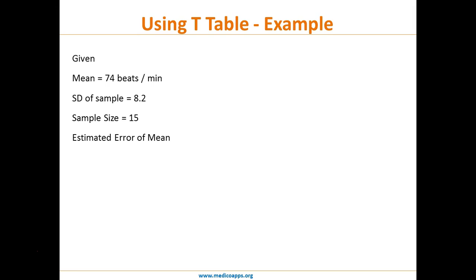But since we have taken just one sample, here we are using the estimated error of mean. They are very similar, but one is used when the number of samples taken is very high, and one when the number of samples taken is very low. In this case, we have taken only one sample, of size 15, so we are using the estimated standard error of mean.